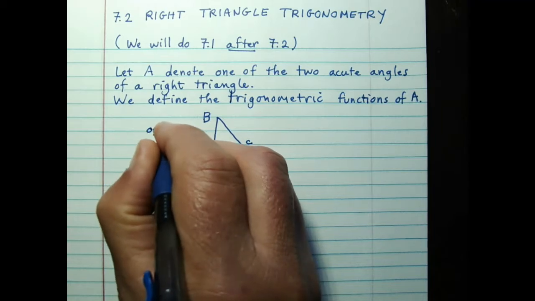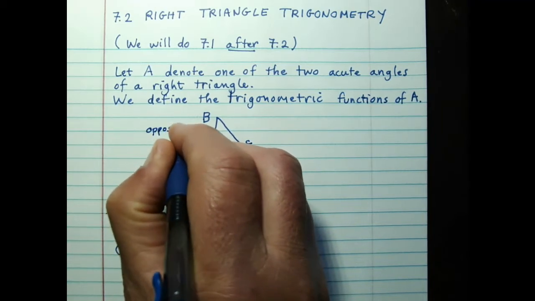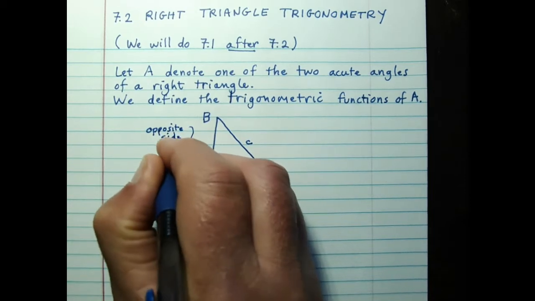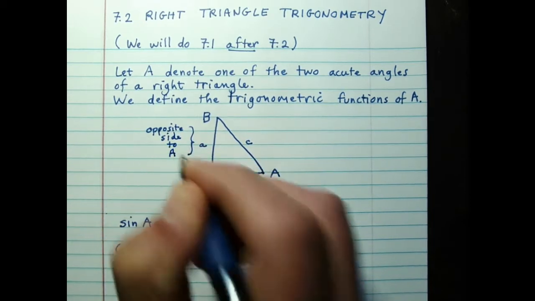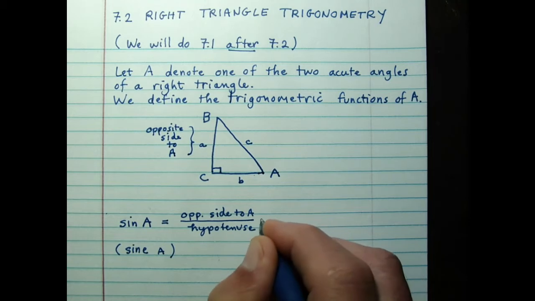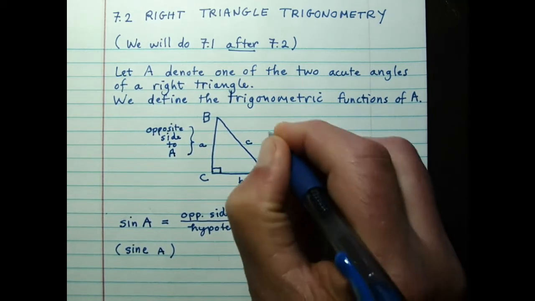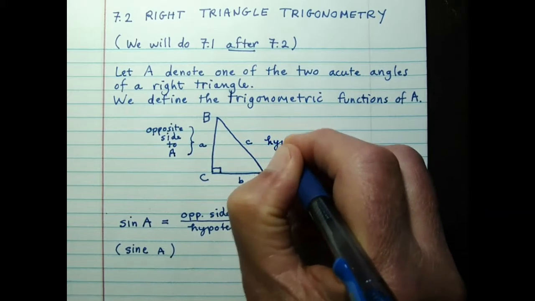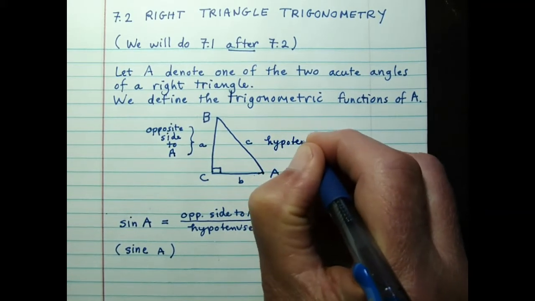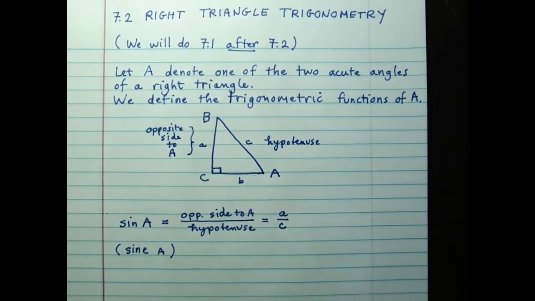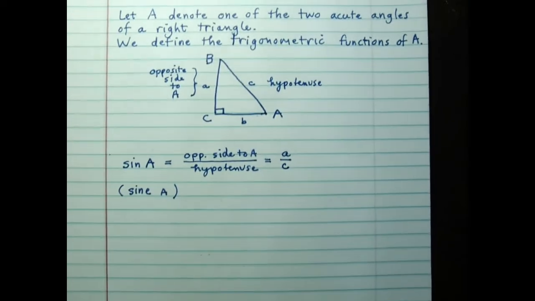That's the opposite side to A, capital A. And so I can describe this numerator as little a over c, the hypotenuse of our right triangle, little c. So I can write a over c. That's the sine of A. That's our first trig function.